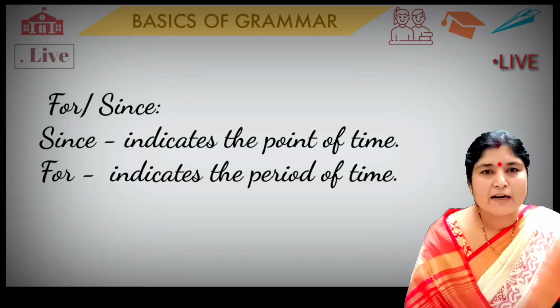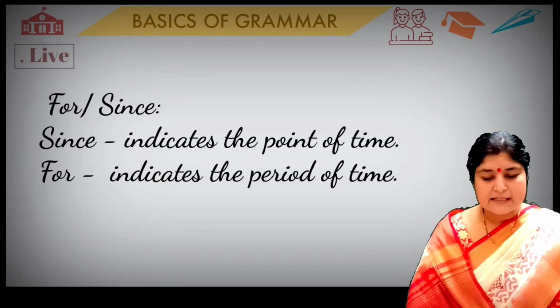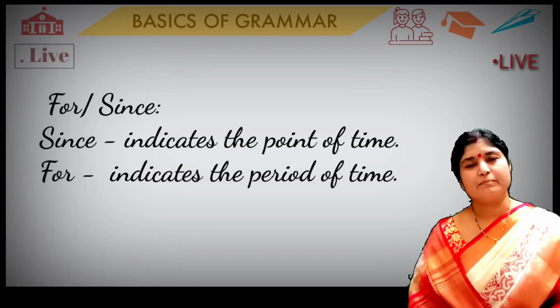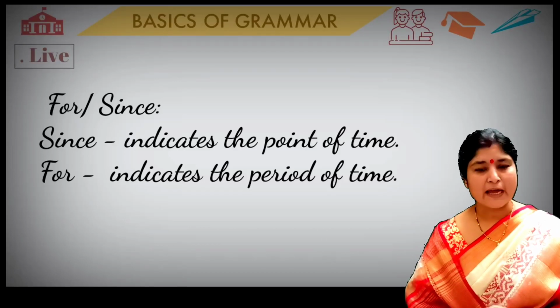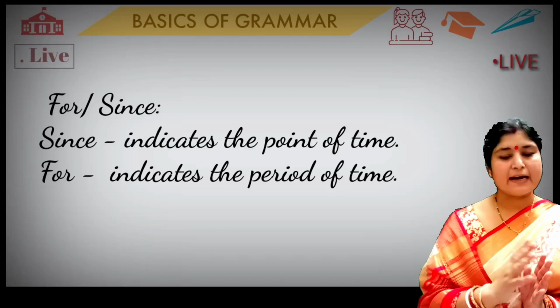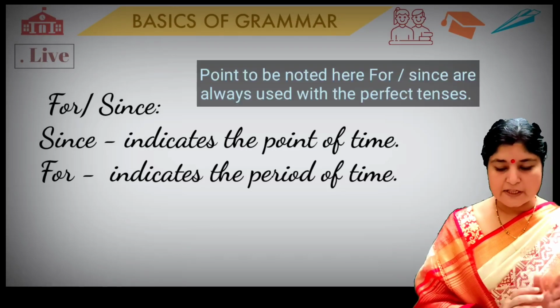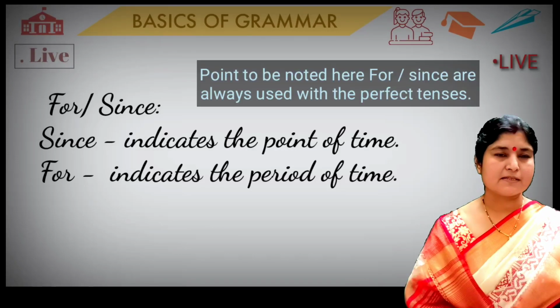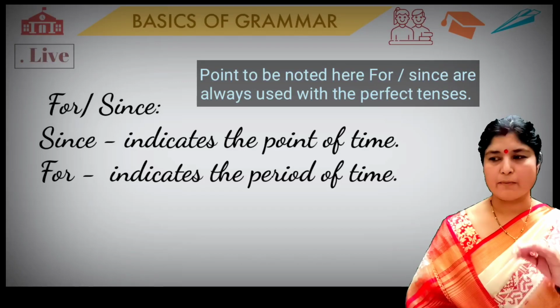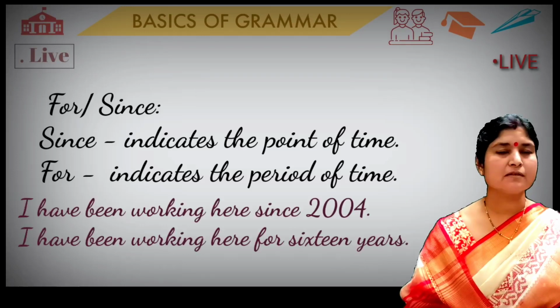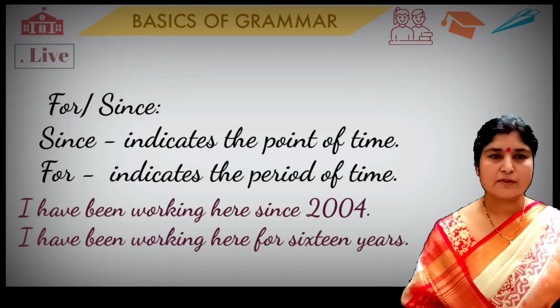Next, for and since. "Since" indicates the point of time and "for" indicates the period of time. Both "for" and "since" are always used with the perfect tenses. For example, I have been working in this institution since 2004.